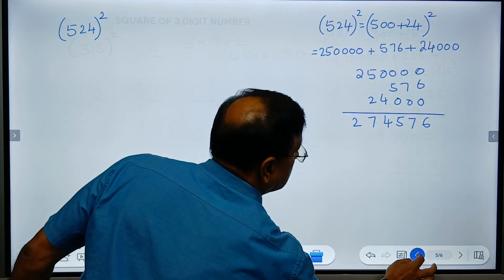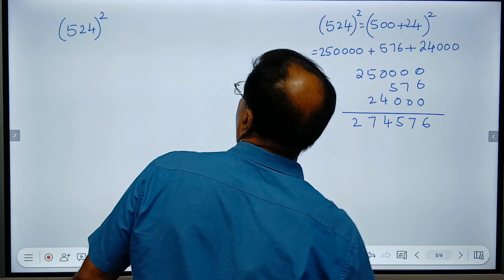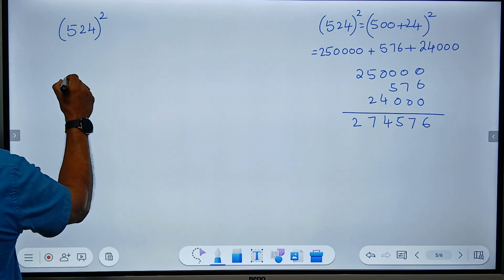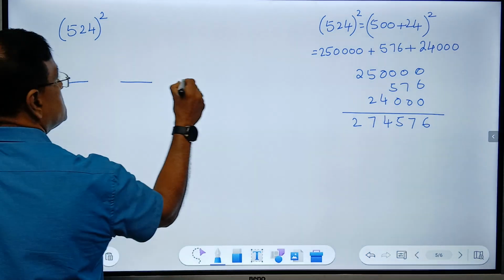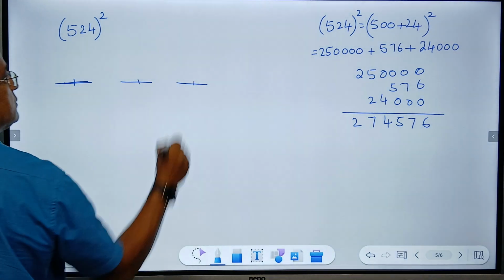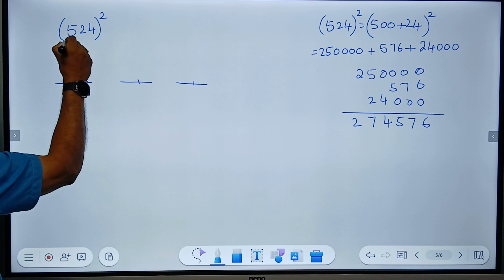Now let's try one more question. 524 square. How do I do that? It's a 3-digit number, so there will be 6 digits when you square it, right? Now what is the square of 5? First we square 5.